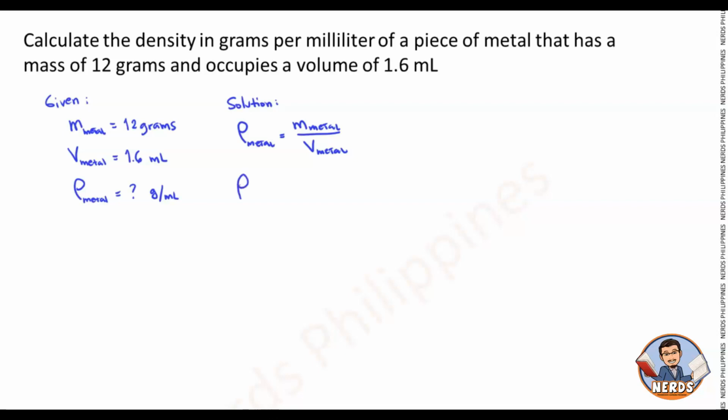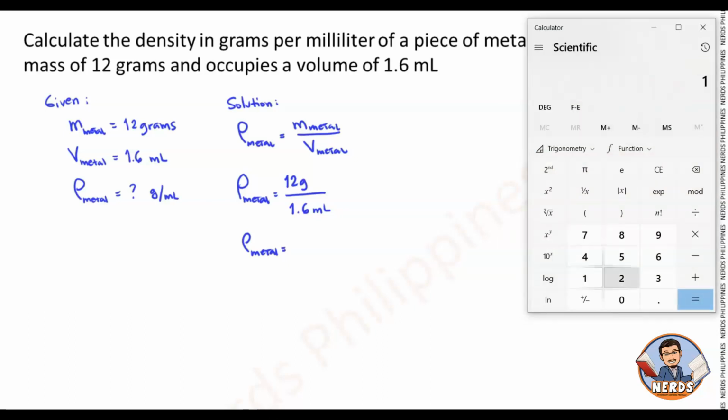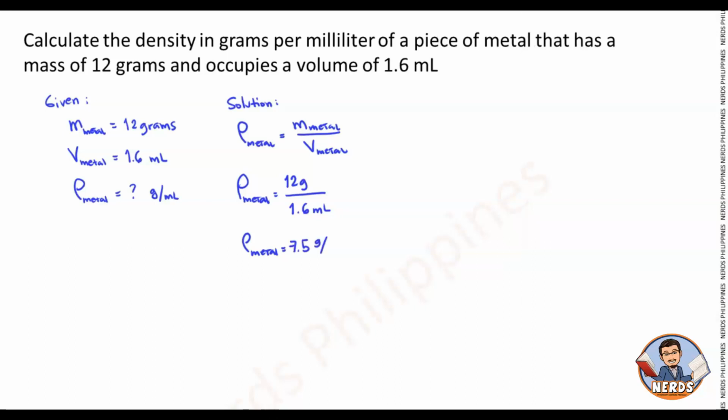So, we have density of metal is equal to the mass of metal, which is 12 grams, and the volume of metal, which is 1.6 milliliters. So, we're just going to divide this, and we will get the density of the metal. We're going to use a calculator to be quick. We have 12 grams divided by 1.6 milliliters is equal to 7.5 grams per milliliter. So, this is our final answer to the question.